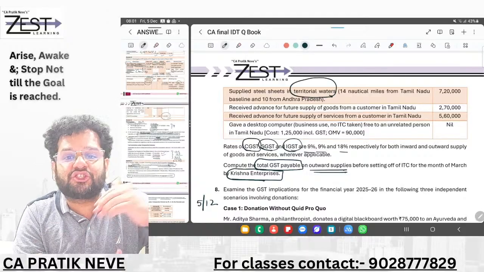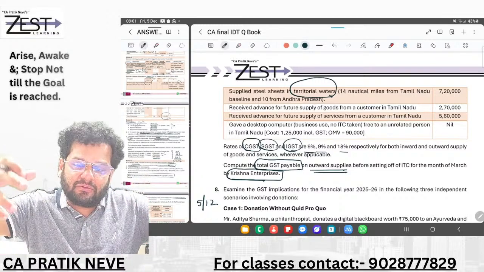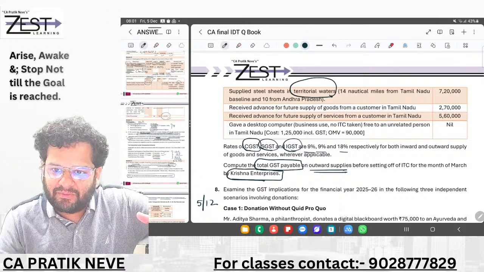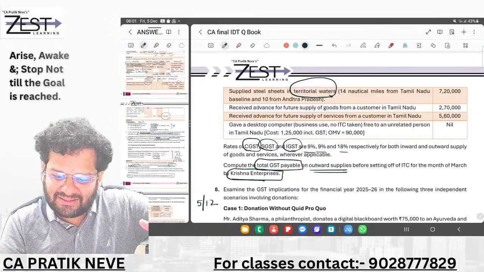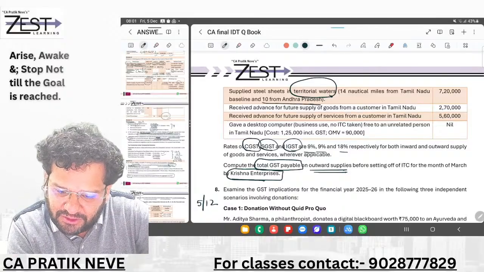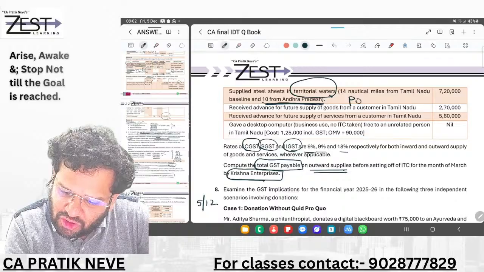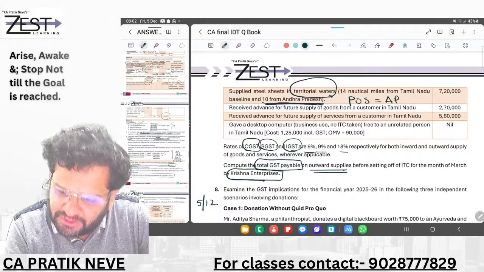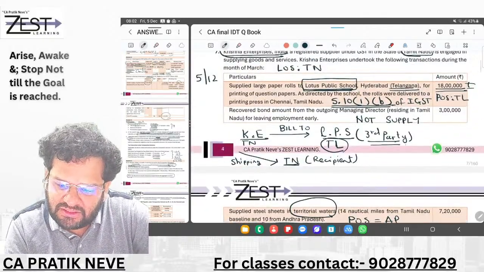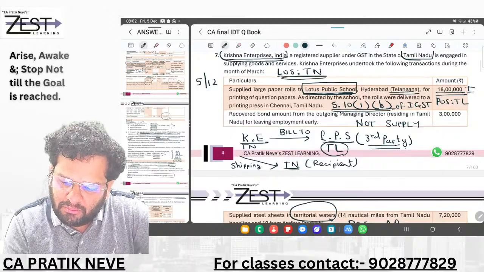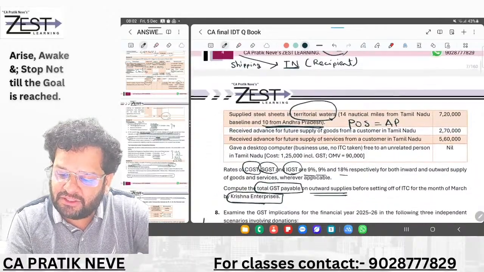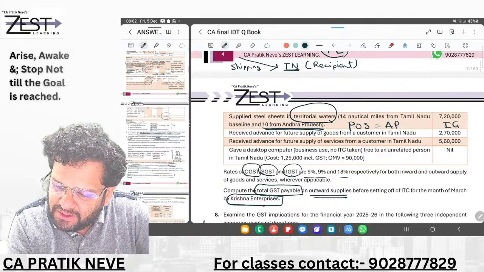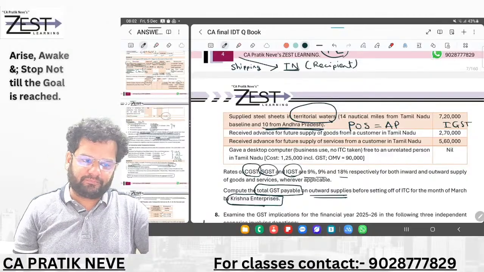Now you have to check it is nearest to which baseline. So which state is nearest? So nearest is Andhra Pradesh. So here place of supply will be Andhra Pradesh. Location of supplier Tamil Nadu, place of supply Andhra Pradesh. So again there will be IGST.